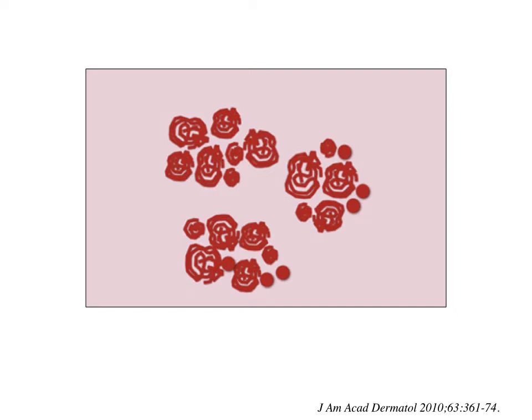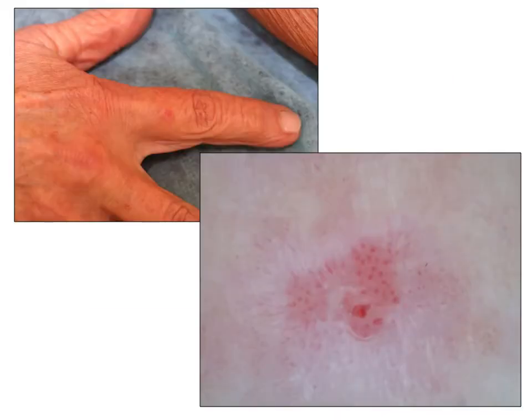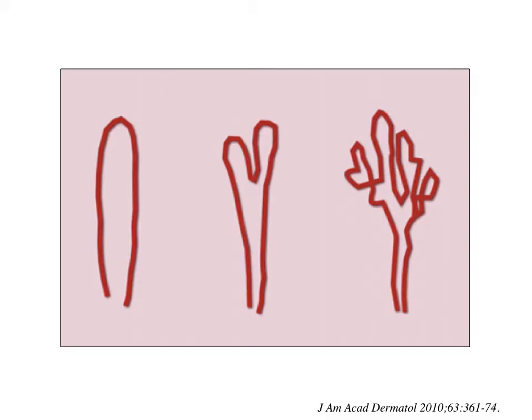These glomerular vessels have been called this way because they simulate the aspect of the glomerular apparatus of the kidney. And these glomerular vessels are characterized by their grouping in bunches. And if we enlarge the picture, it is possible to see this aspect looking like glomerulus.